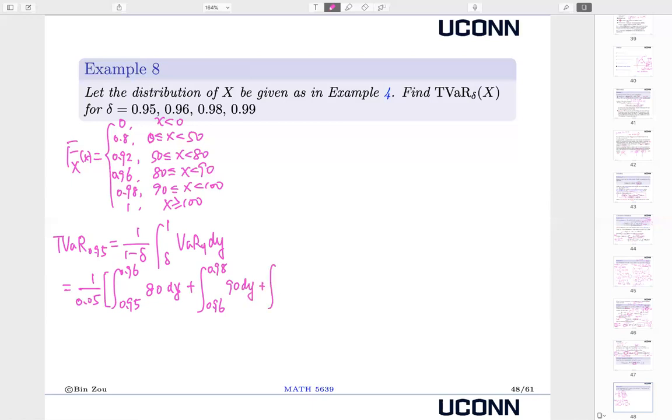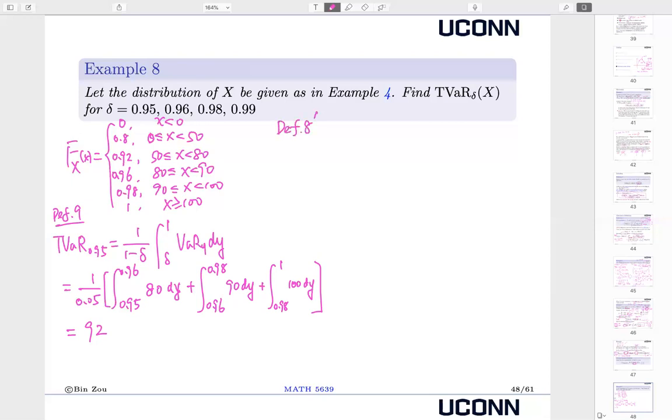And beyond this level, I will have 100. Okay, then you can easily do the computation. It will be 92. Now let's think. So this is definition 9. So let's apply definition 8.